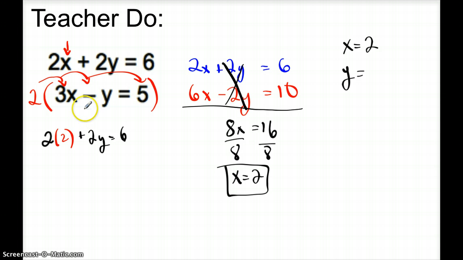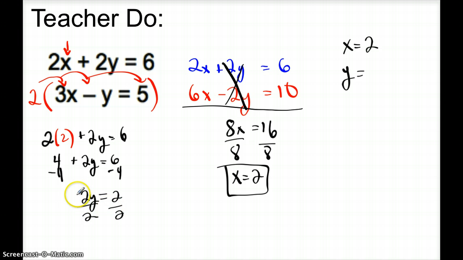I have to go back to the original equations. 4 plus 2y equals 6, minus 4, 2y equals 2, divide by 2, because this is the multiplicative inverse. y equals 2 divided by 2, which is 1.